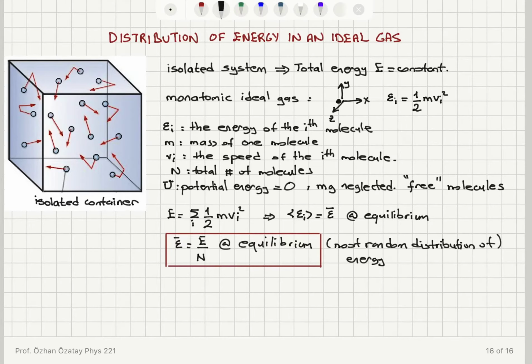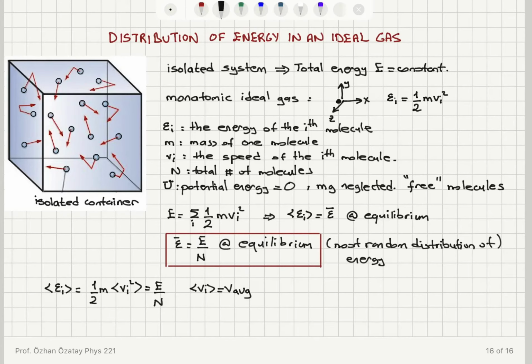So that implies the average value of epsilon i, 1 over 2 m times the average value of vi square, must be equal to E divided by N at equilibrium, and the average value of vi is v average.